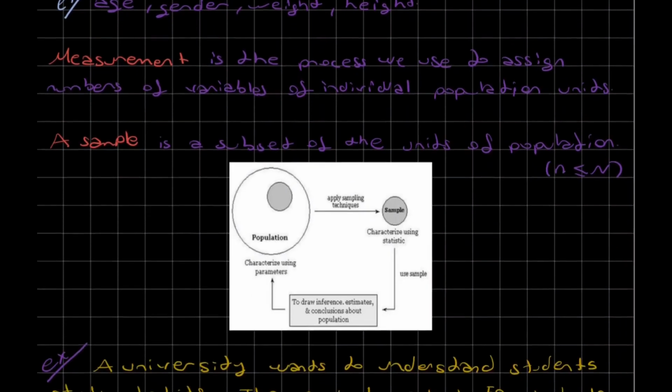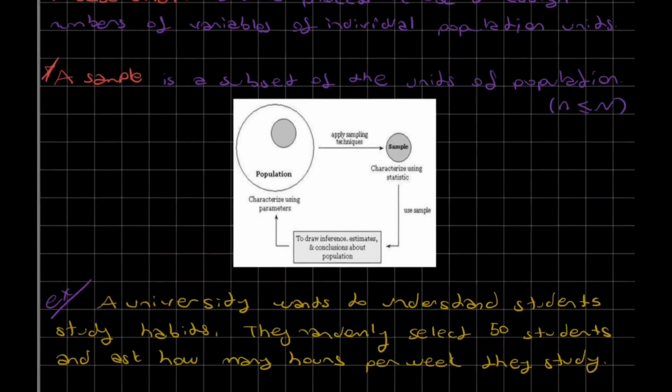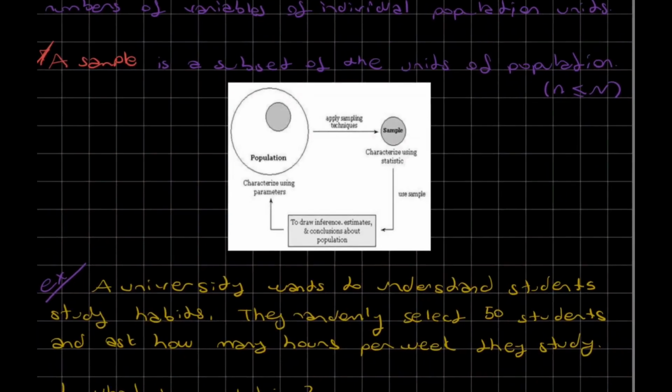Measurement is a process we use to assign numbers to variables of individual population units. Another important thing is the sample. A sample is a subset of the units of the population. We show it with small n.